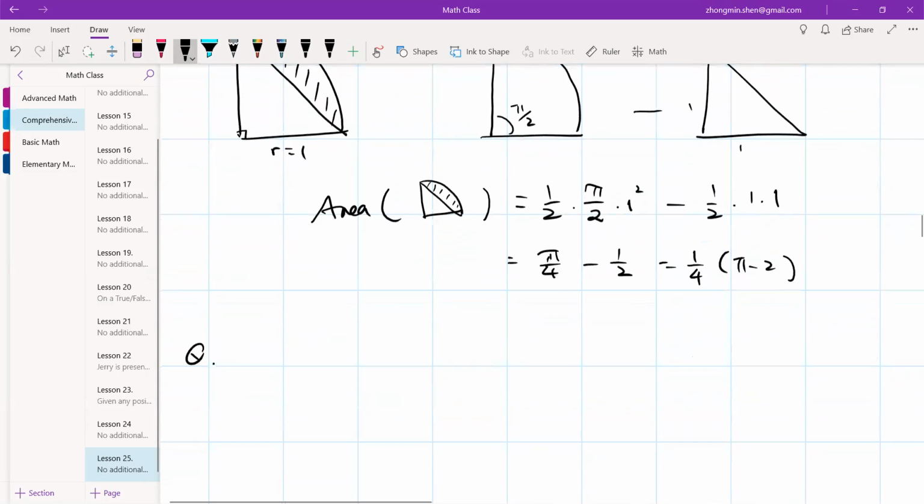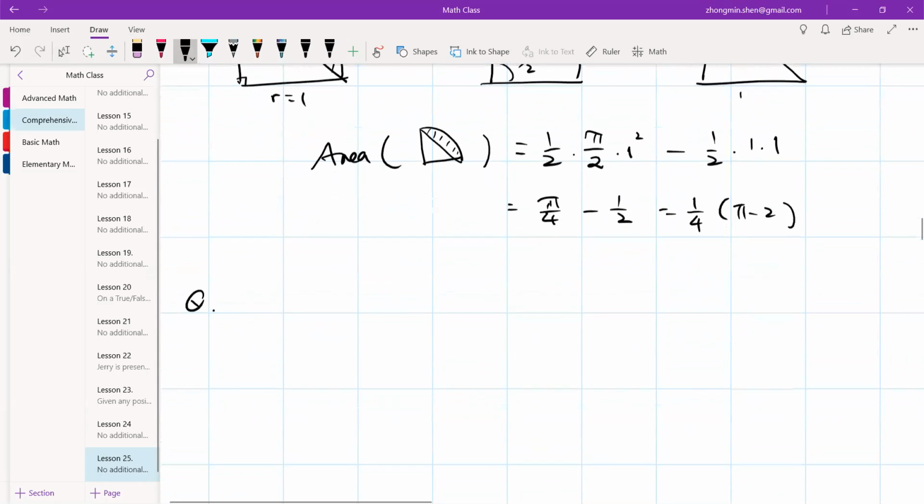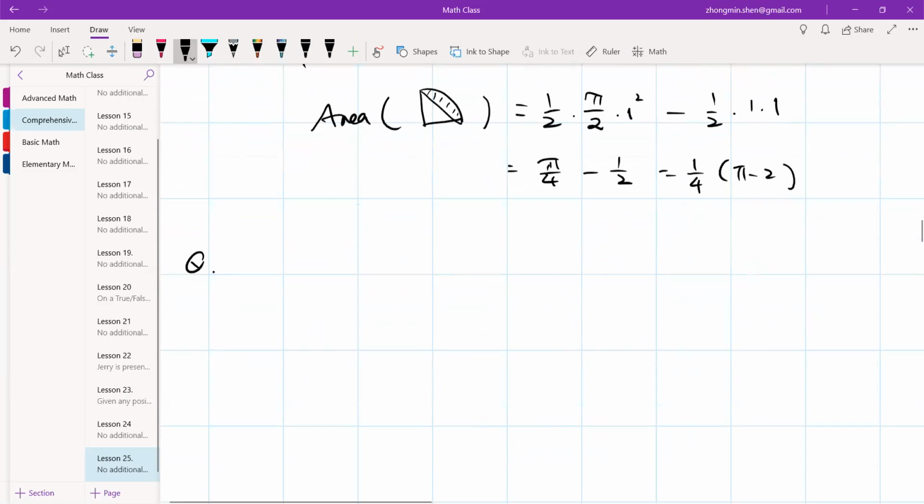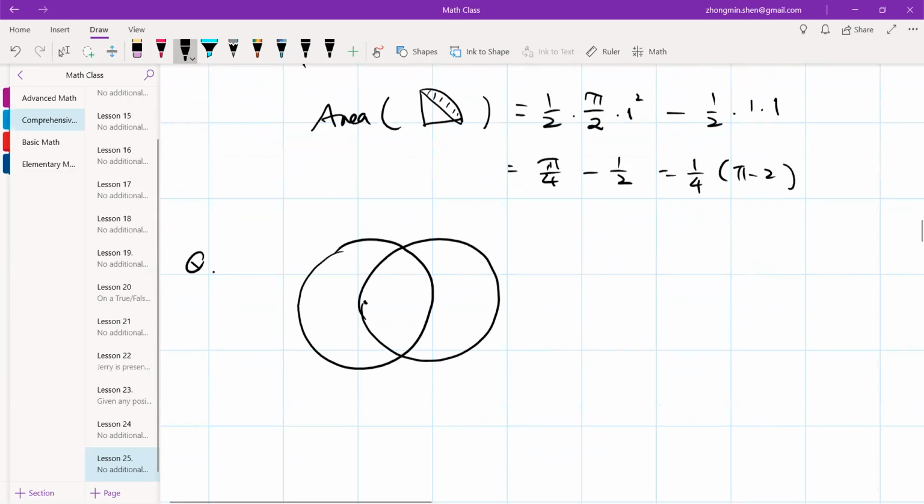My next question is. Suppose you have two congruent circles that intersect each other. Then what is the area of this intersection?